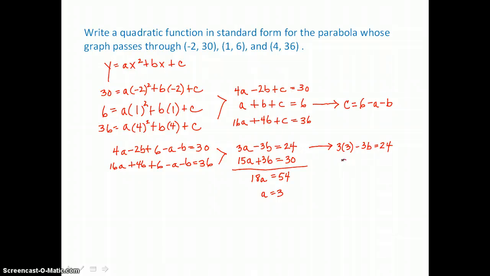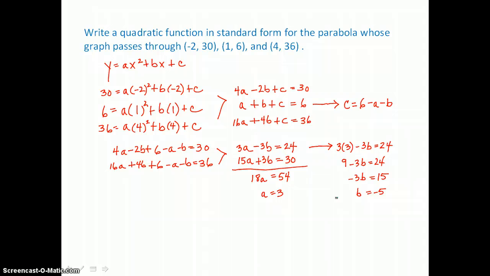And 3 times 3 is 9, minus 3b equals 24. So subtracting that 9 from both sides, I have negative 3b is equal to 15. And dividing both sides by negative 3, I find out that b is equal to negative 5.